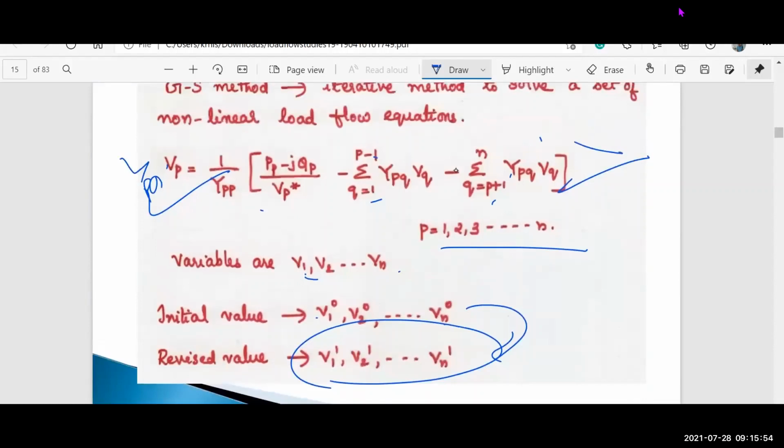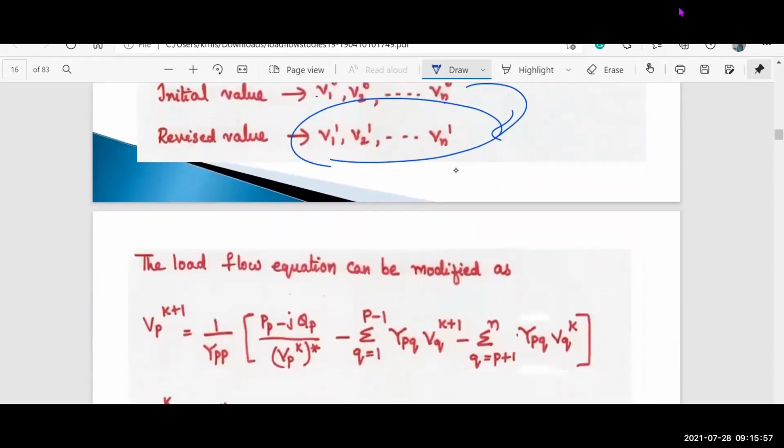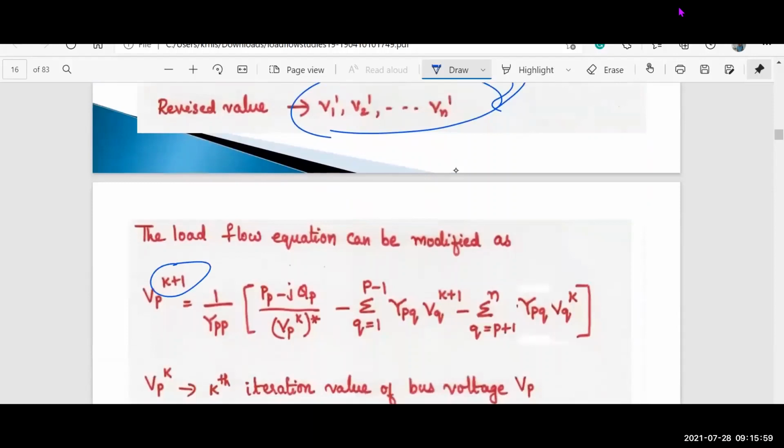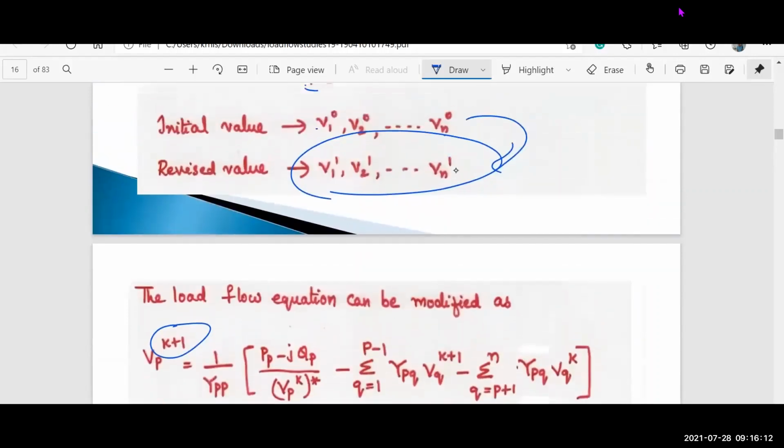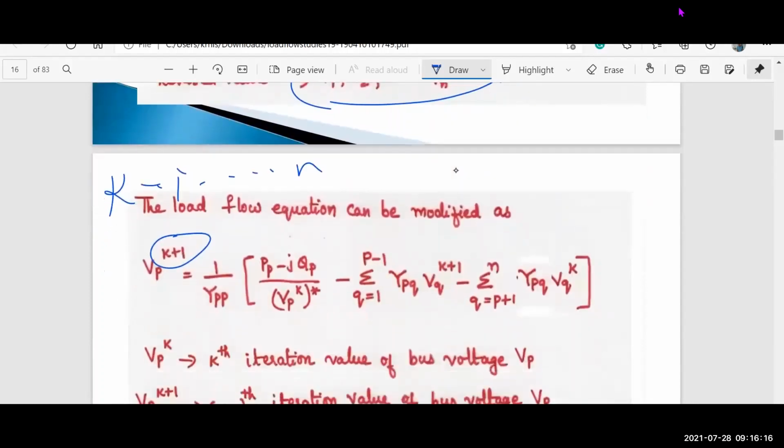If we apply the iteration, we'll have a new form of equation, that is k plus 1. So you see in all the parts, the voltage part will be iterative, where k is any random value.